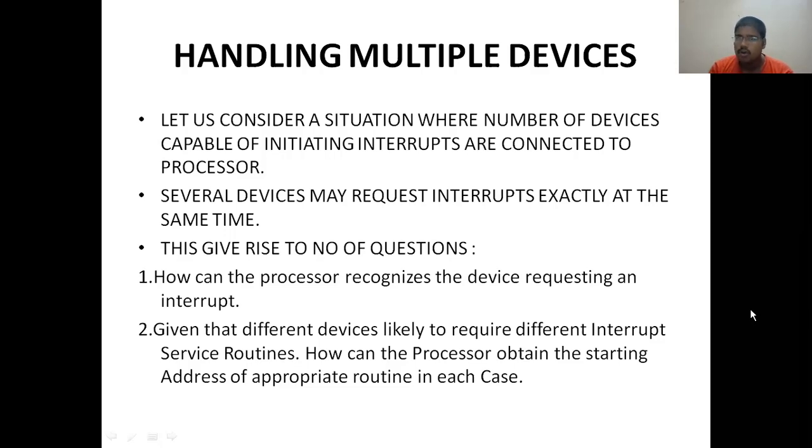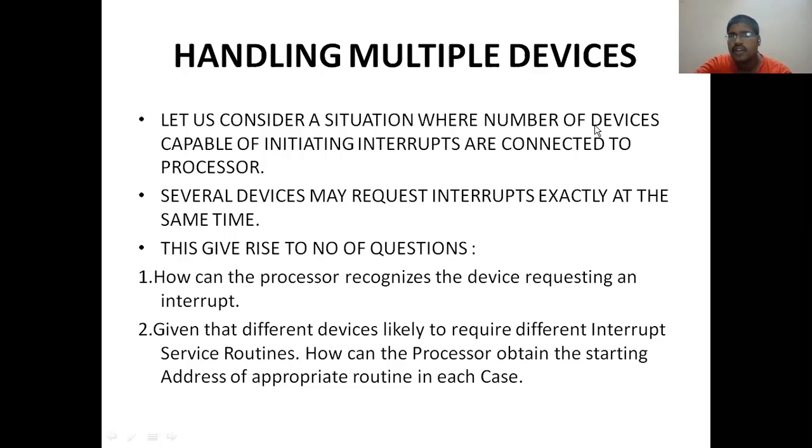Now we are going to discuss how it is going to handle the devices, because at a time multiple devices may make requests, and multiple issues may arise. We will discuss what issues we get while handling multiple devices, and how we can overcome them.